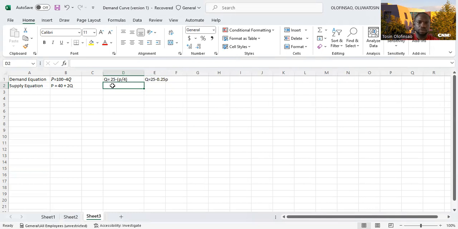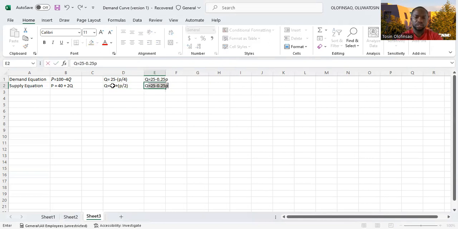And also here you have Q will be equal to negative 20 plus P divided by 2.